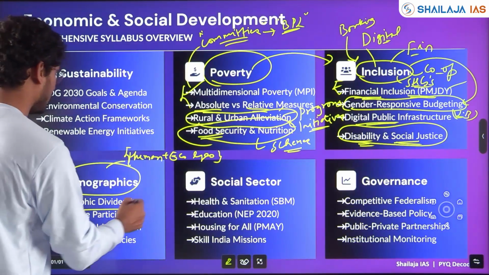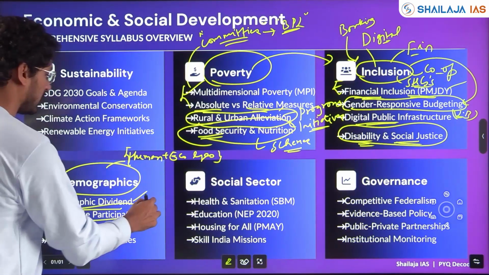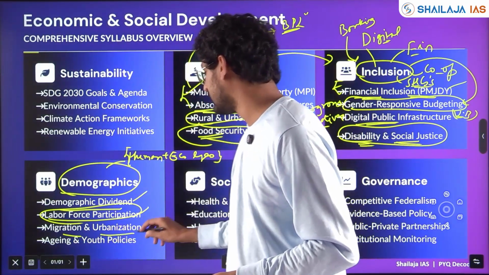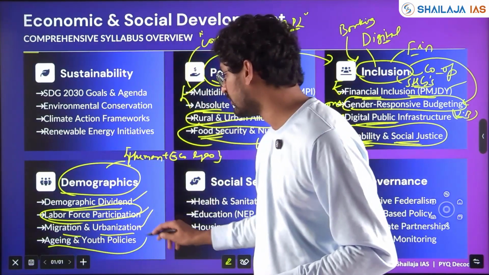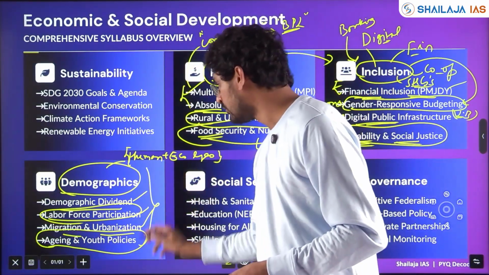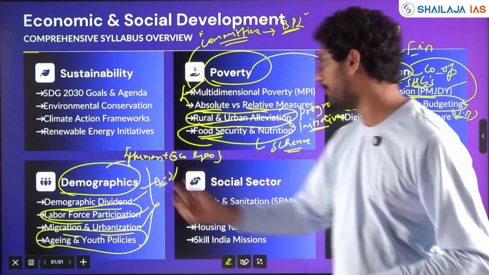Demographic dividend, questions have come. Labor force participation, questions have come. Population, migration, urbanization, industrialization, all these questions have come. Aging and youth policies, on all these questions have come. 2 to 3 questions every year have come in this topic.